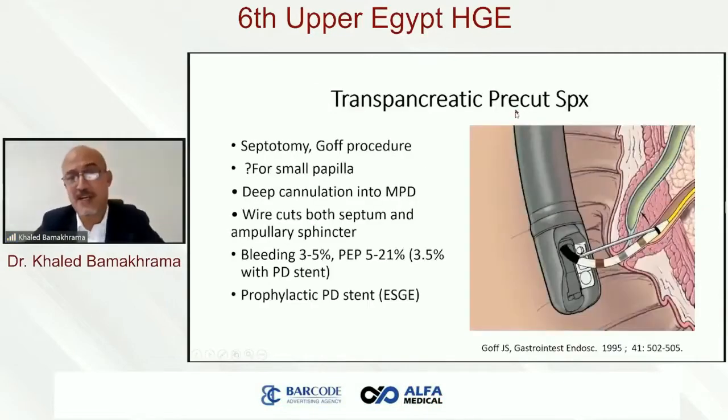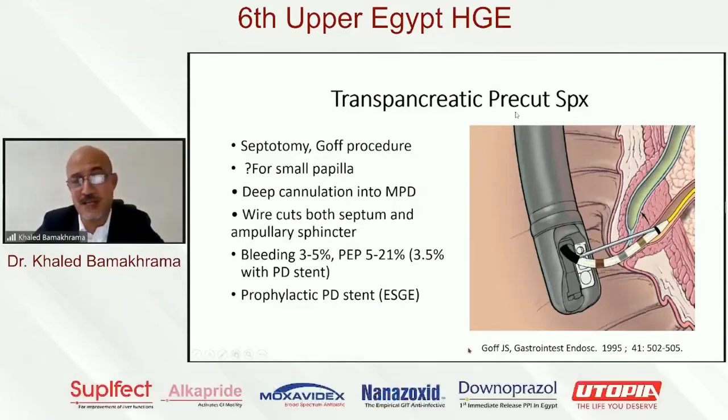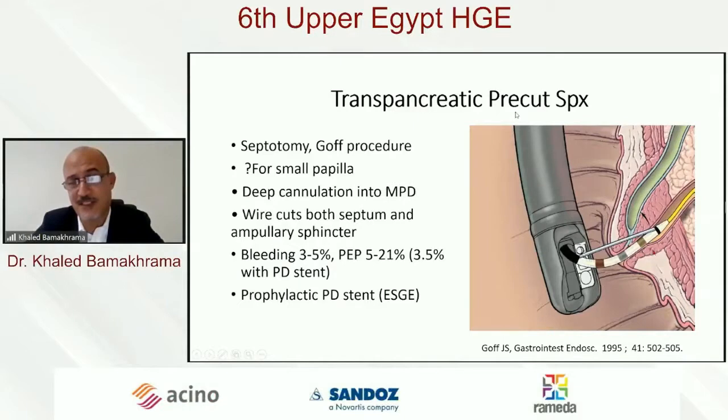Transpancreatic pre-cut sphincterotomy, or septotomy, or the Goff procedure, was described by Goff in 1995. The aim is, if you fail to go to the common bile duct and your wire is in the pancreatic duct, you can do a partial sphincterotomy.